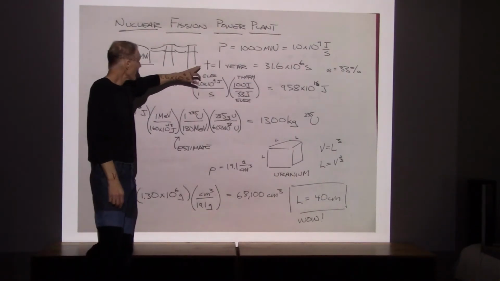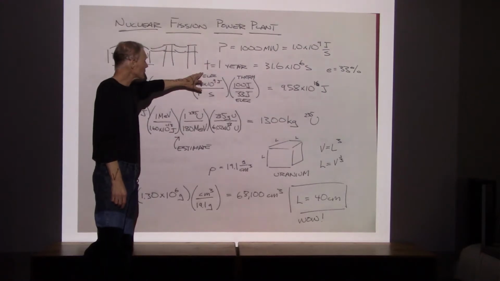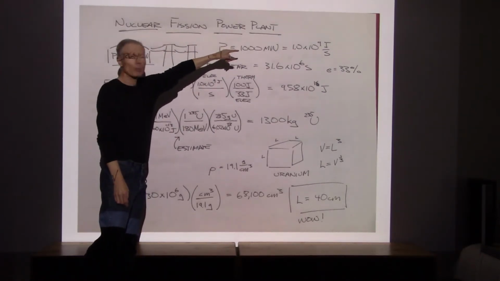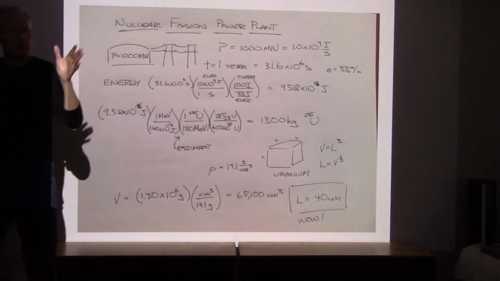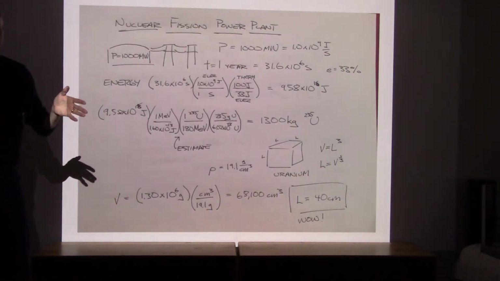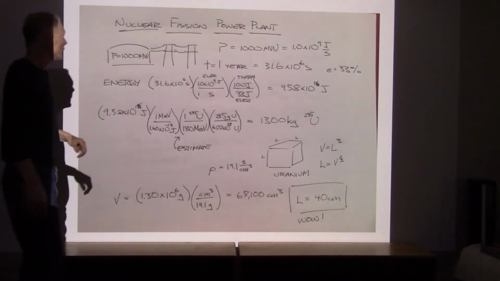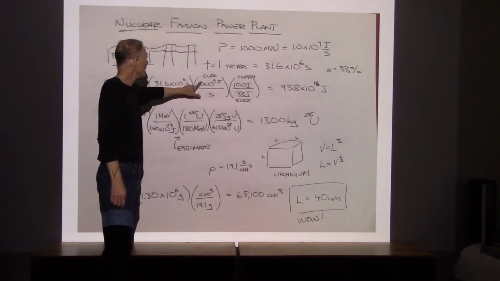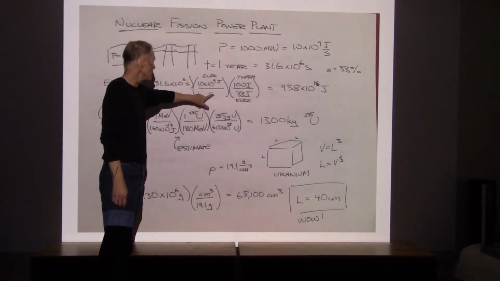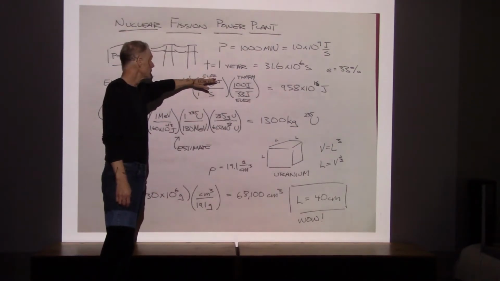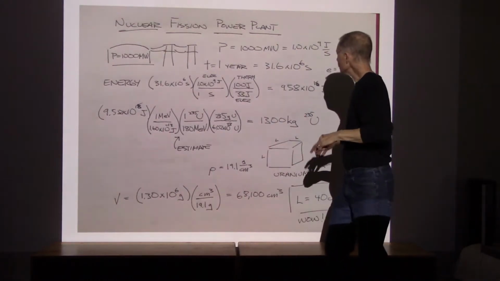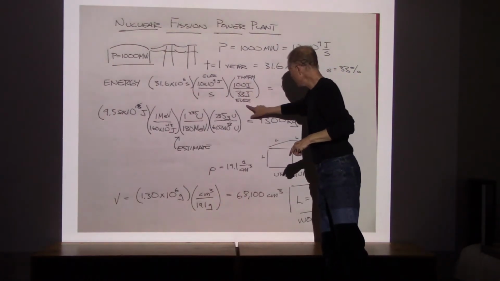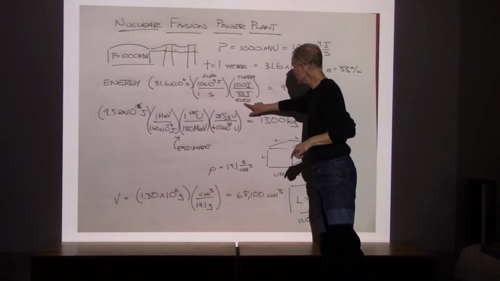Now, the rate at which electricity is being generated is the power rating for the plant. If it's a 1,000 megawatt plant, it's generating 1,000 megawatts of electric power. And so I'm putting in my 1.0 times 10 to the 9th joules per second of electric energy. And then to get the efficiencies right, what I want to do is get the electric joules to cancel.